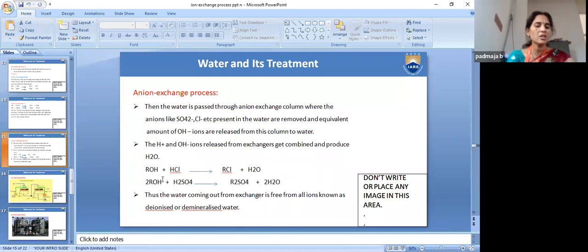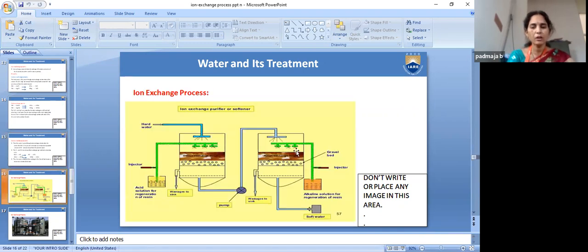So the chloride ions are exchanged with the OH- ions, so we can write the reaction here, that is RCl + H2O. So completely we are getting solved from the ion exchange process. So after passing through the anion exchange resin, after complete removal of anions present in the hard water, you can collect the soft water from the second chamber.